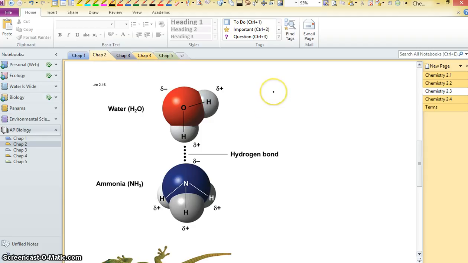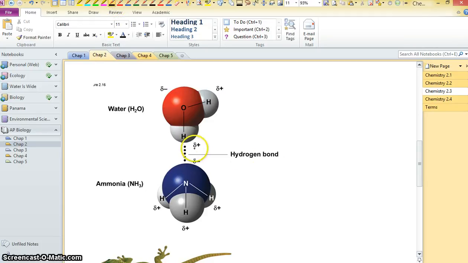But the oxygen is more electronegative than the hydrogen, so those electrons spend more time on the oxygen than on the hydrogens. And so this side of the molecule has a slight negative charge, and on the hydrogen sides of the molecule we have a slight positive side, and so, as you recall, we call this a polar covalent molecule.